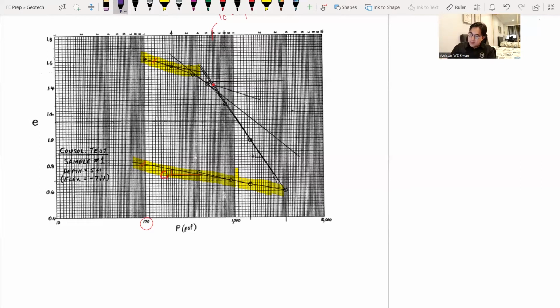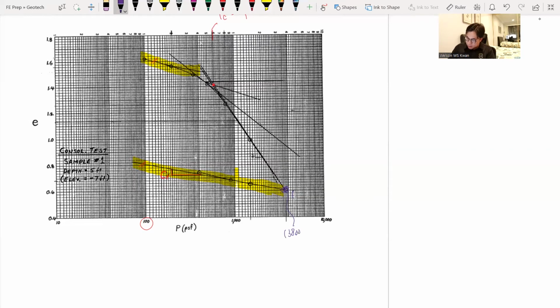So we want to find the slope of this line. We will pick 2 points. First, we could pick this point here, and we read the x value here. We get about 3,800.